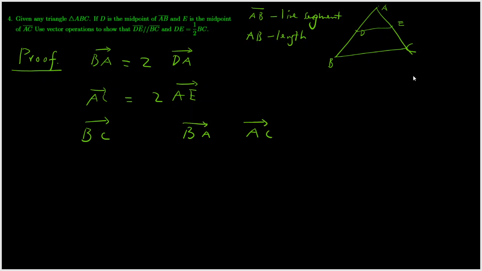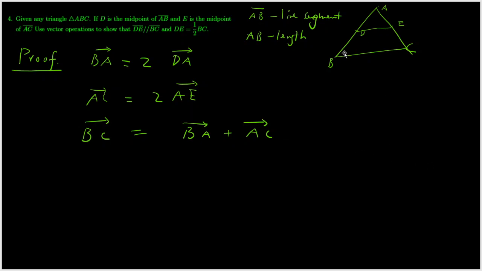This time I give you three vectors, BC, BA, AC. So please try to write something down. Now I'm looking for a relation between the vectors. BC is equal to BA plus AC. That's what you meant, right? Using the triangle rule.